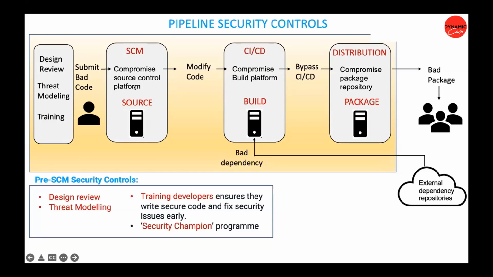So before it goes into this part is where you do a design review, threat modeling, and training of developers. It's critical because all the flaws of software start at the developers' part, because they don't write proper code. And if they don't write proper code, no amount of web application firewalls, secure gateways and other things will help you, because the core, the heart of the software itself, is vulnerable. So it's very important to train these developers to write proper code.